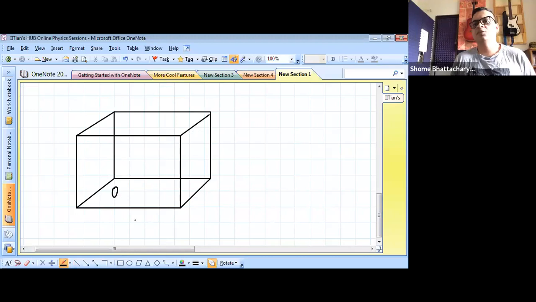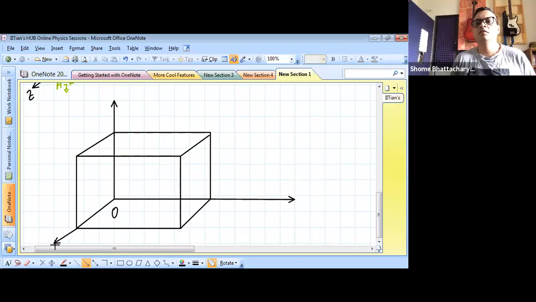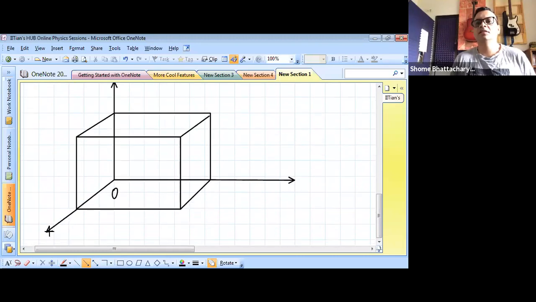Again we take this point as our origin, treat this as our x-axis, this as our y-axis, and this as our z-axis, the same diagram as the earlier one.